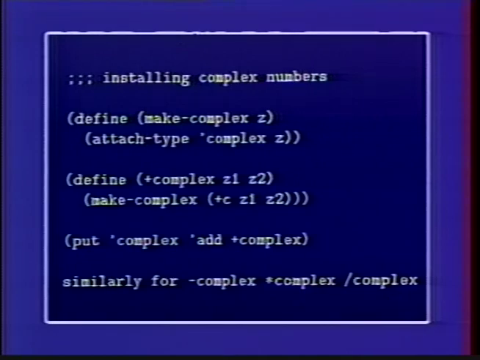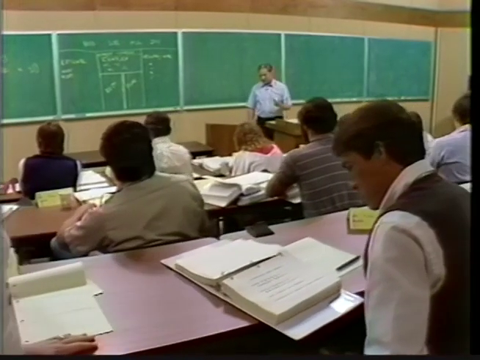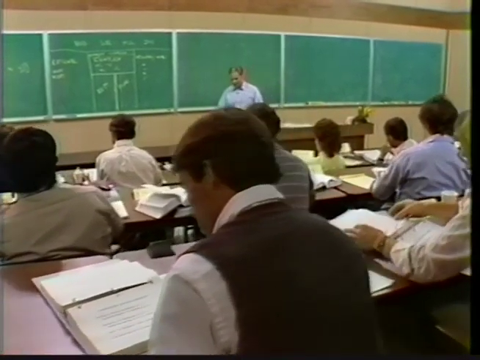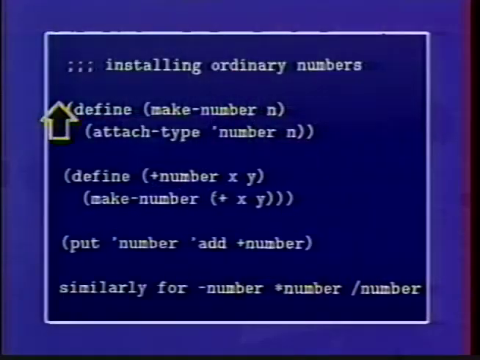Okay, how do we install ordinary numbers? Exactly the same way. We come off and say, well, we'll make a thing called make number. Make number takes a number and attaches a type, which is the symbol number.